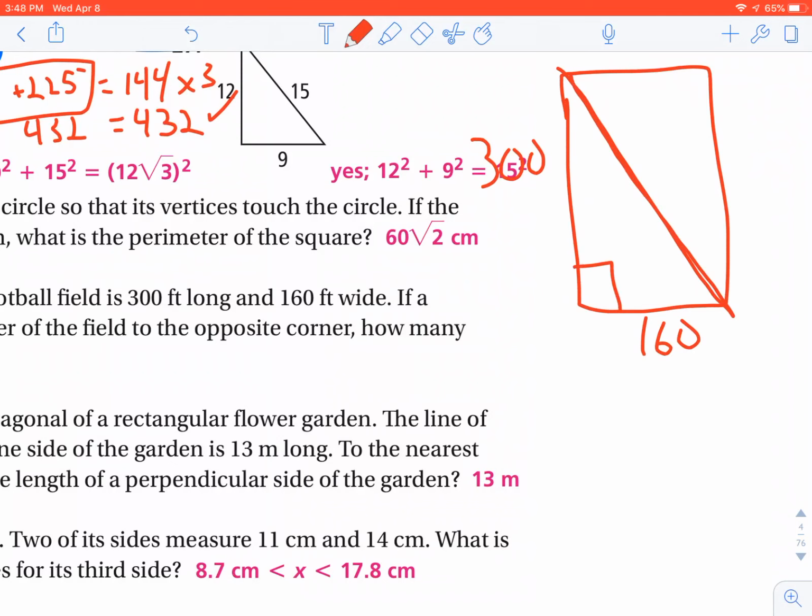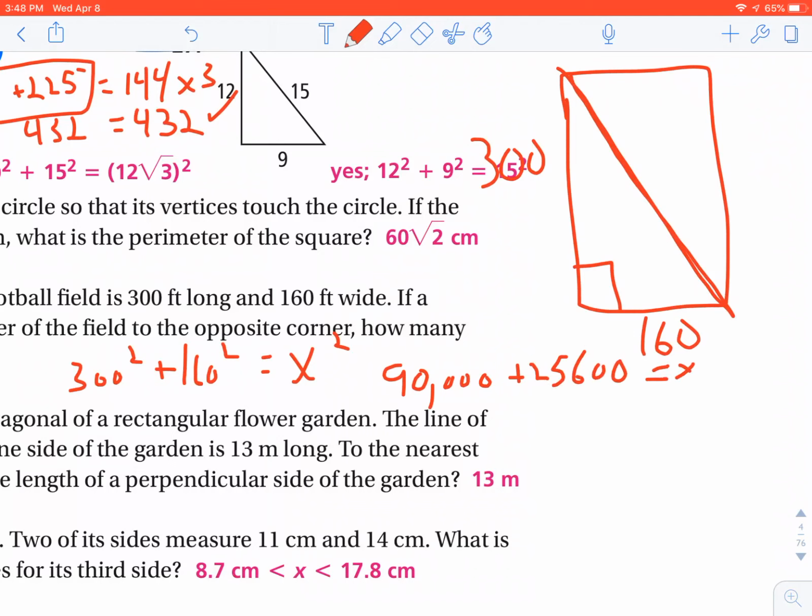Well, all football fields have right angles, so it's just a straight Pythagorean theorem here. 300 squared plus 160 squared is equal to x squared. In your calculator, when you do all of that math, you will get 90,000 plus 25,600 is equal to x squared.